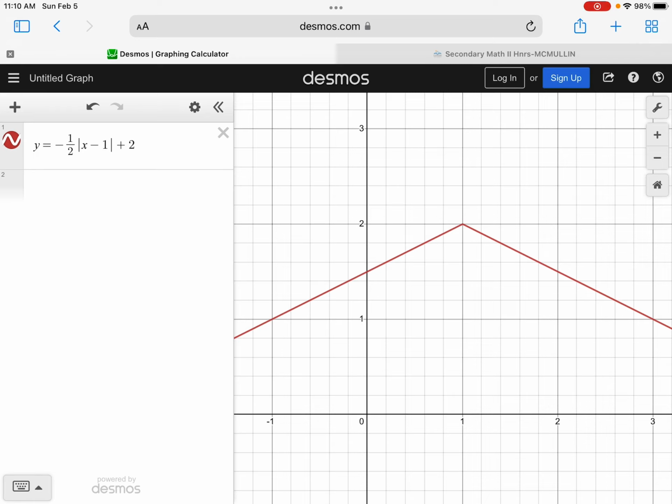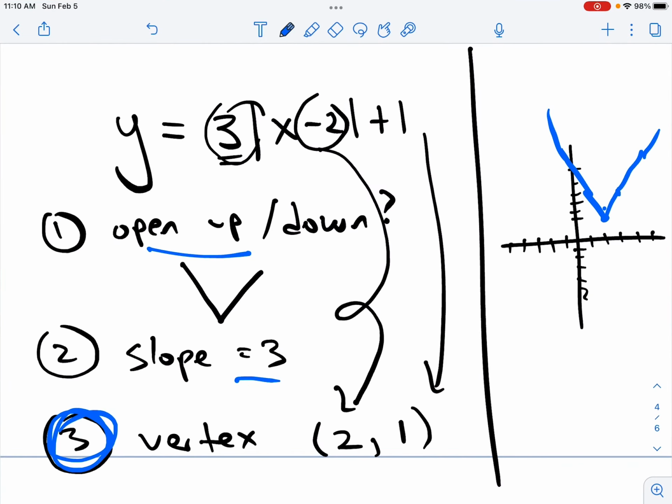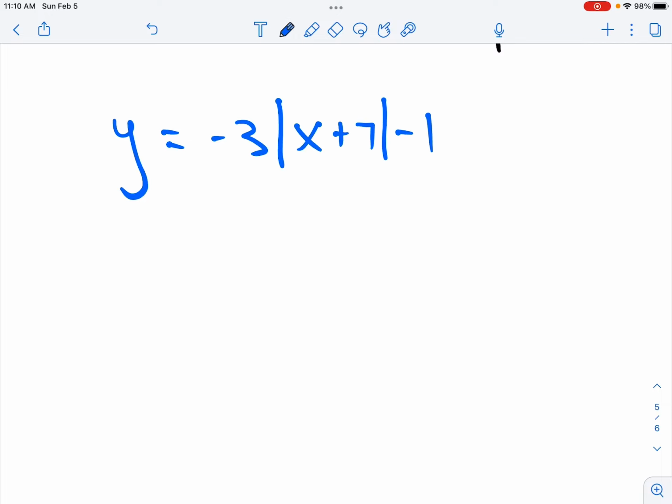Okay, so that's everything you need to know about graphing absolute value functions. One more time, just to recap here. When you're asked to graph an absolute value function, like y equals negative 3 times the absolute value of x plus 7, minus 1, you ask yourself, number 1, does it open up or down?